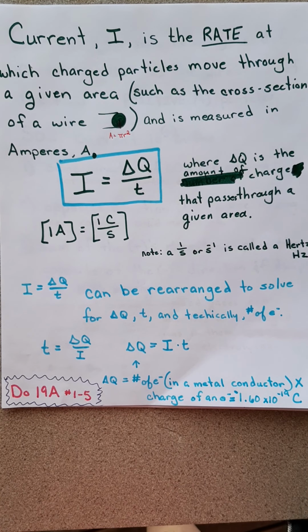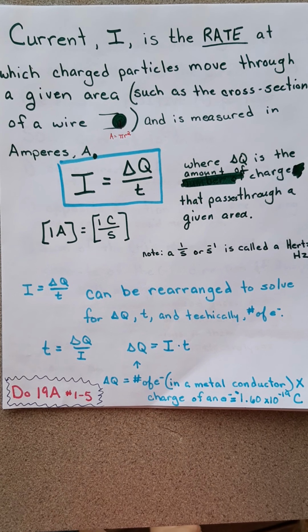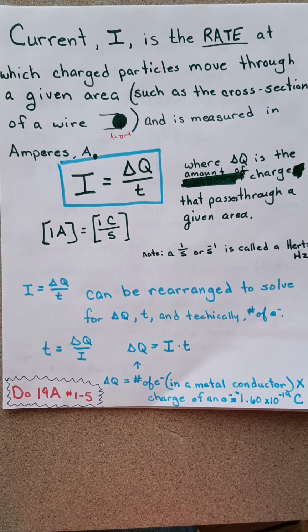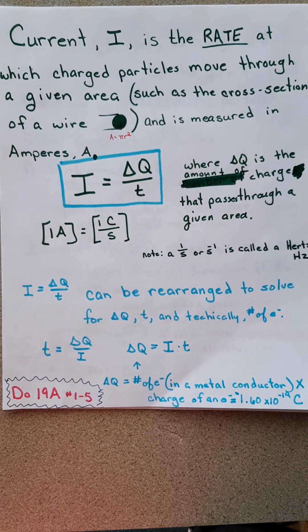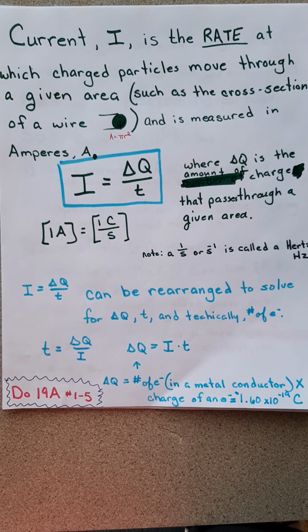So if we remember, the charge of an electron from chapter 17 was negative 1.6 times 10 to the negative 19 coulombs. With this formula, you can do the calculations in practice 19A on page 695. I will post those answers in a separate document so that you can check your work.